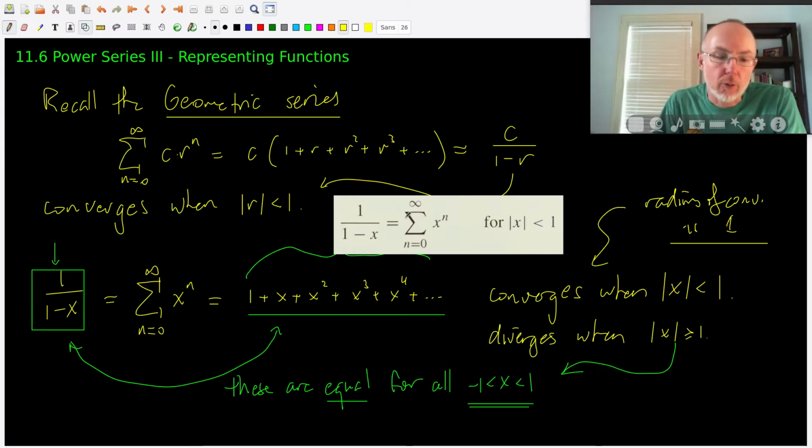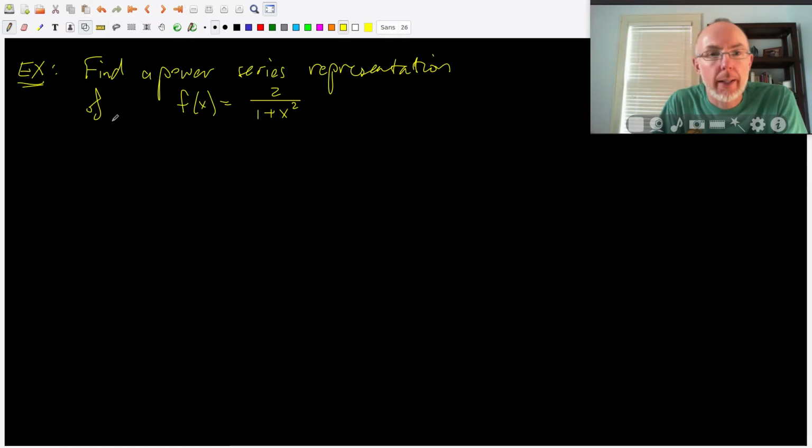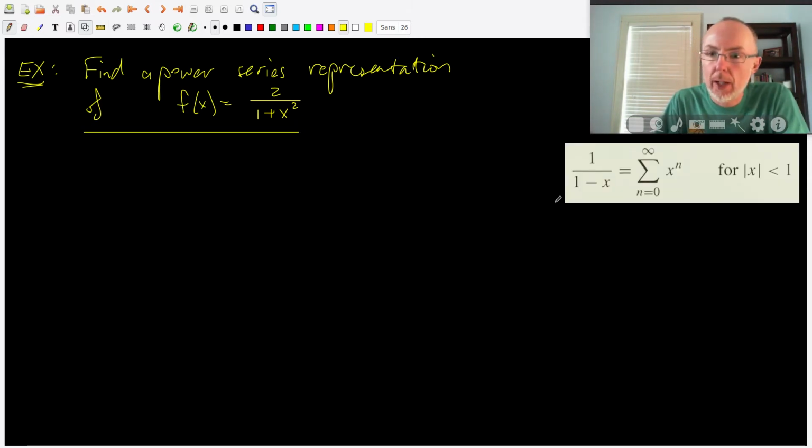You'll find this nice formula in the book. Let's look at another example. Here's a function that's quite similar to what we just discussed. Comparing this function with that function, I could imagine essentially replacing the x here with negative x squared. In other words, imagine I took the sum from n equals 0 to infinity of not x, but negative x squared.